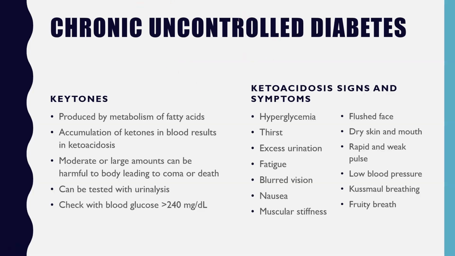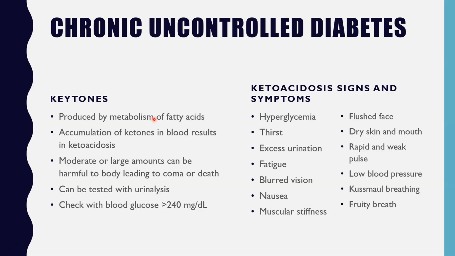So when we look at chronic uncontrolled diabetes, because diabetes is a failure of insulin, we have chronic high blood glucose levels. And because the glucose is in the blood and is not able to be taken up by the cells for energy production, more fatty acids are used. And then during the metabolism of fatty acids, ketones are produced.